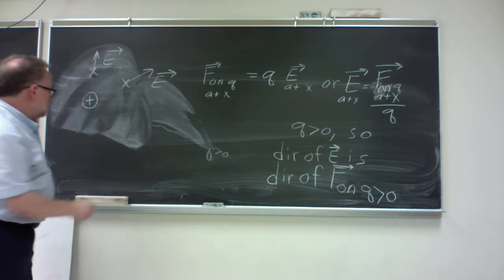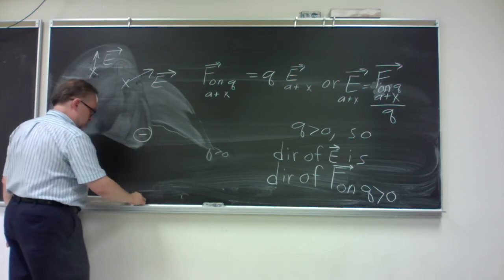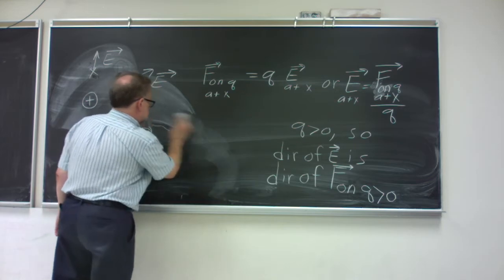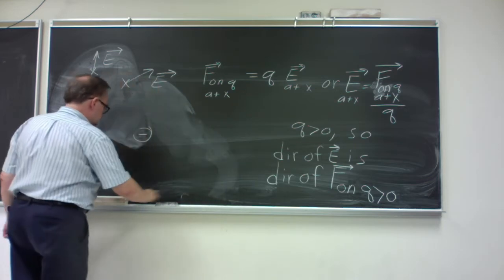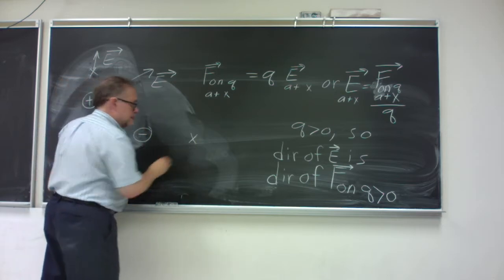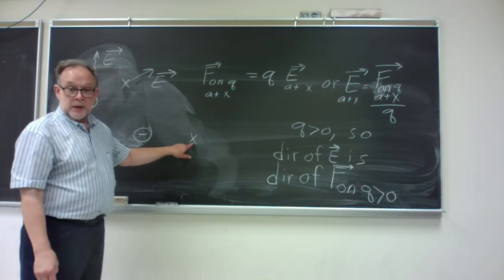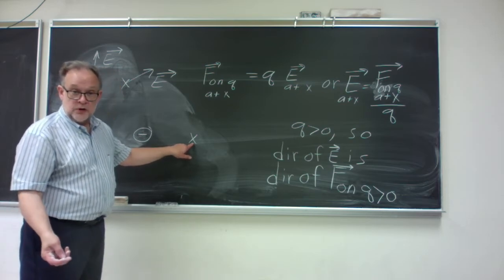And similarly, if you had, instead of a positive charge here, a negative charge, what's the direction of the electric field at that point? Again, imagine putting a positive charge there. What kind of force would it feel?